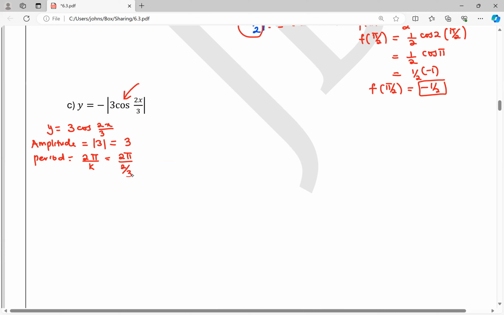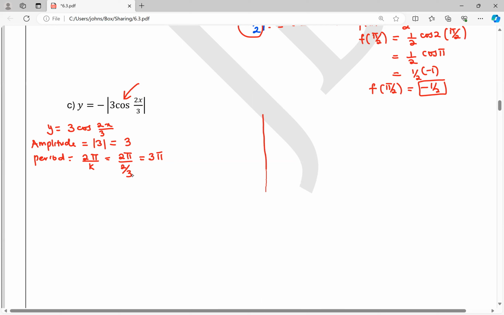Because this is our k. And what do we have here? This is nothing but what? 3 pi, right? Okay, so let's deal with this one first.